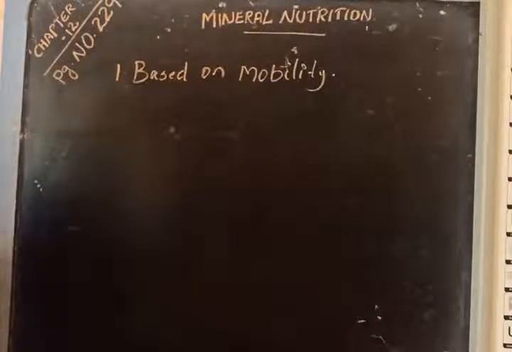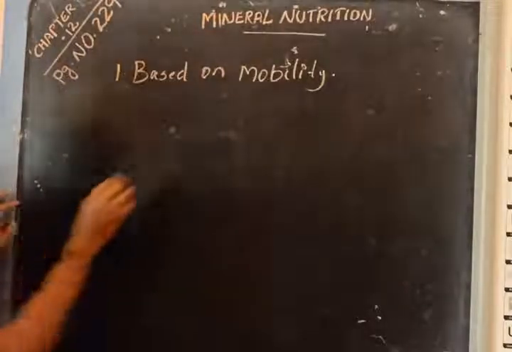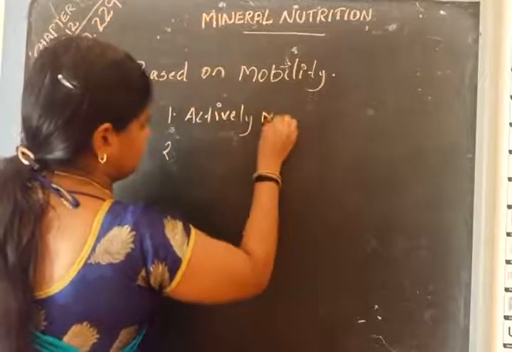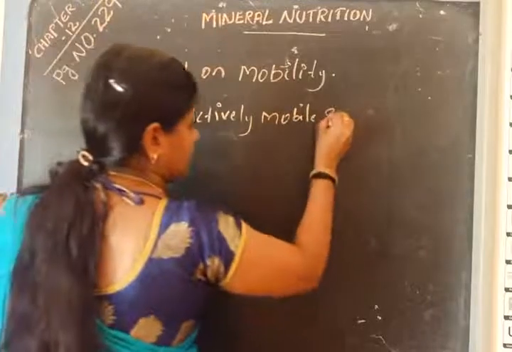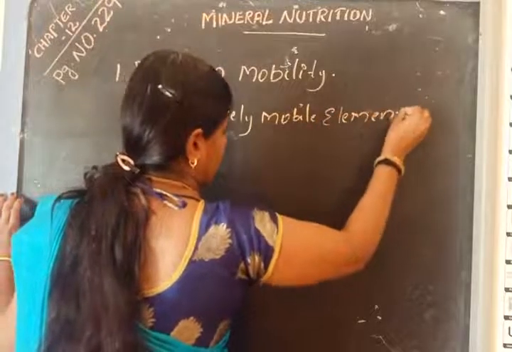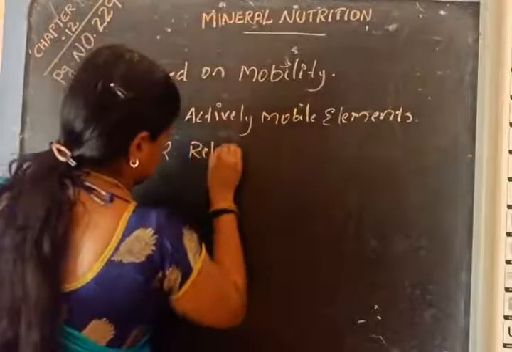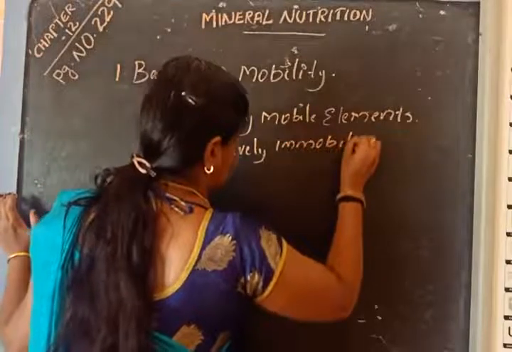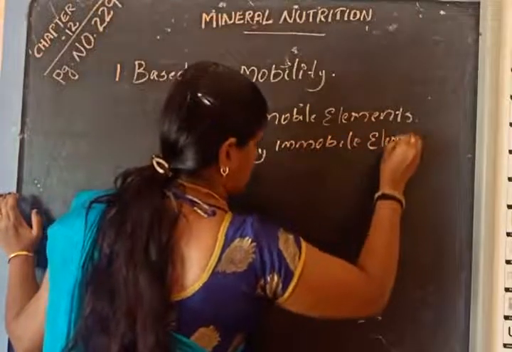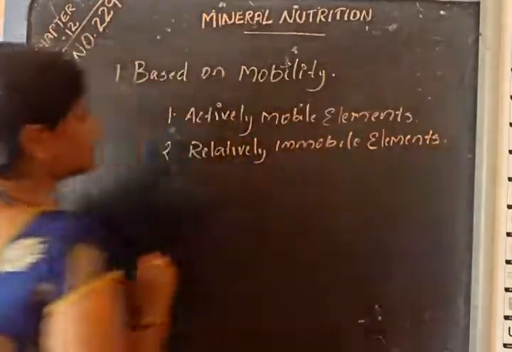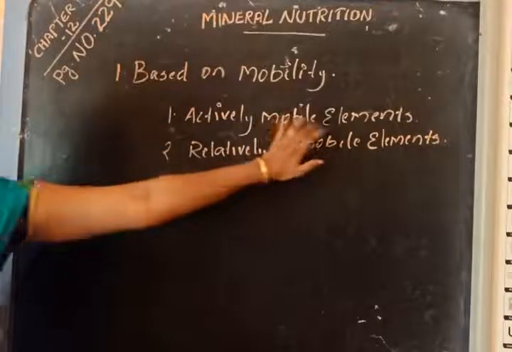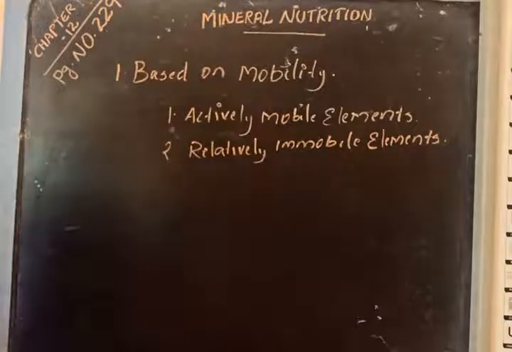First one, actively mobile elements, and second, relatively immobile elements. Now we can look at what actively mobile elements are.